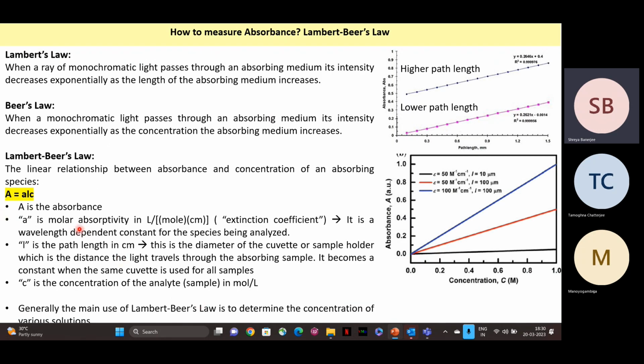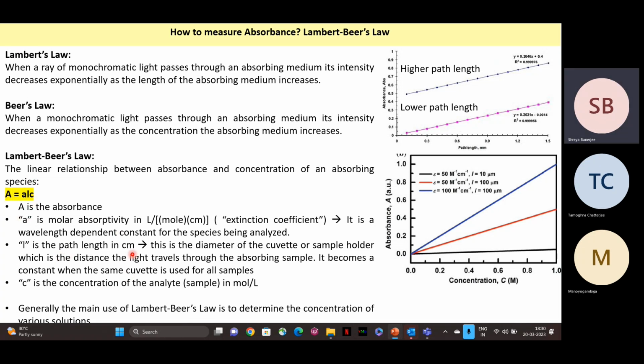Small a is the molar absorptivity, also called the extinction coefficient. Molar absorptivity is dependent on the wavelength. So for a particular species, this term will vary according to the wavelength of the light that we are passing through the sample.